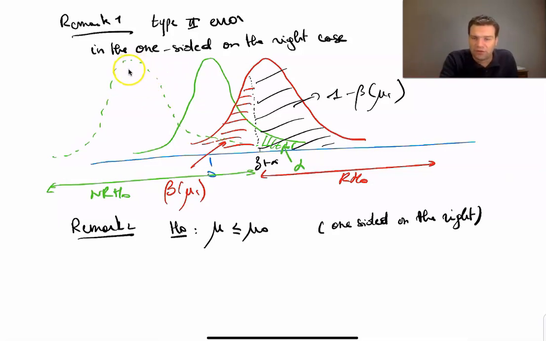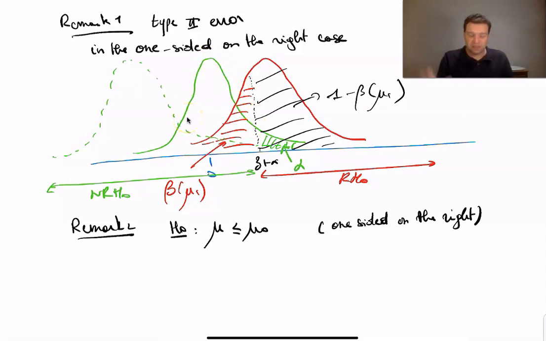It's not really important in this case, but we can show that for every dotted curve, for every hypothetical mean of x under the null hypothesis, we have a type 1 error which has a probability which is always smaller than the probability of the type 1 error for the solid curve.